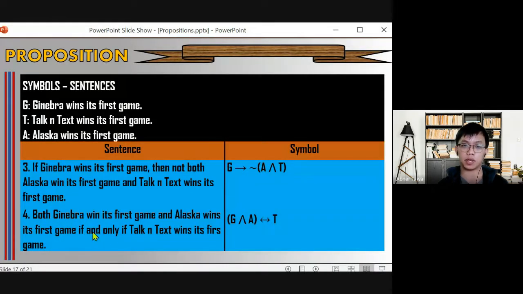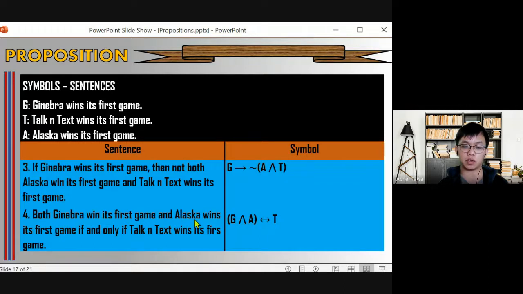And we have here the main connective, which is if and only if. And we have here the next part, where the another subproposition is Talk and Text wins its first game. So for me to symbolize that, magkasama yung G. So that is the symbol for Ginebra wins its first game. And the symbol for and is we have here the inverted V. And Alaska wins its first game, the symbol for that is A. So that will be enclosed by a parenthesis.